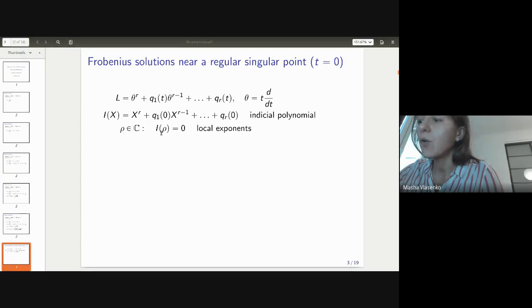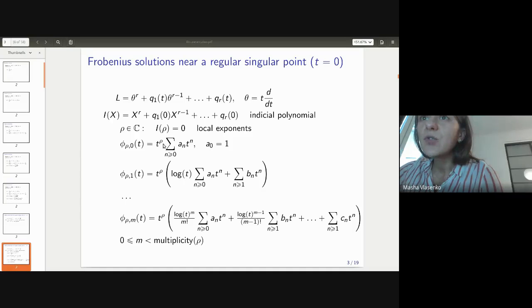I will call them rho. And then for each root, we have a solution which is a power series starting at degree 0 times t to the rho. If we look at this power series, then the monodromy around t equals 0 will multiply it by exponent of 2 pi i rho.